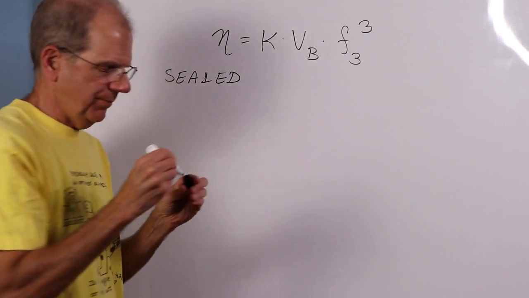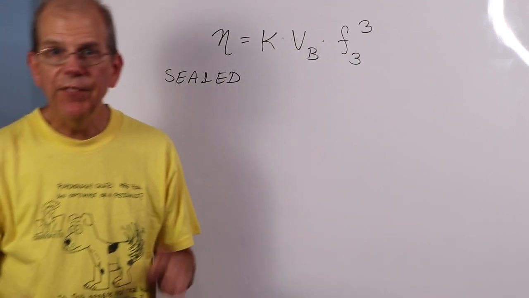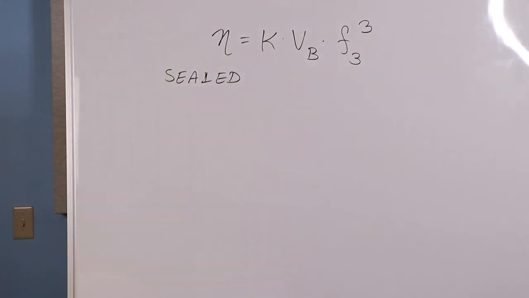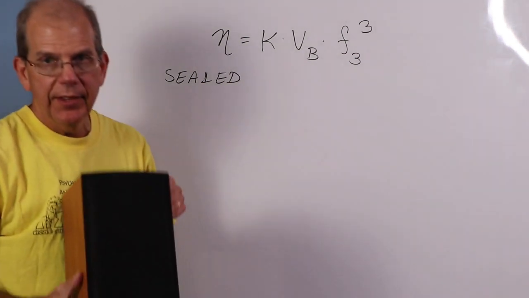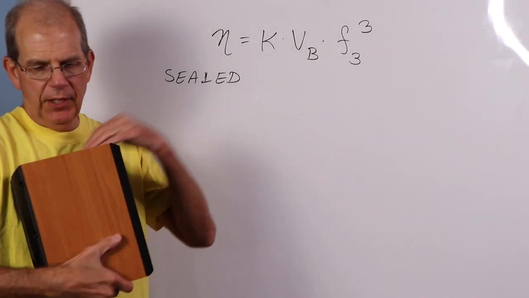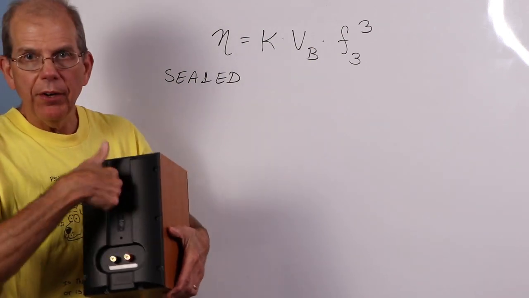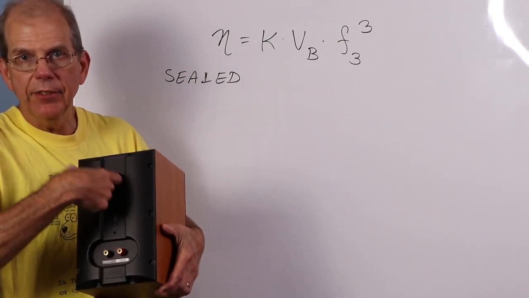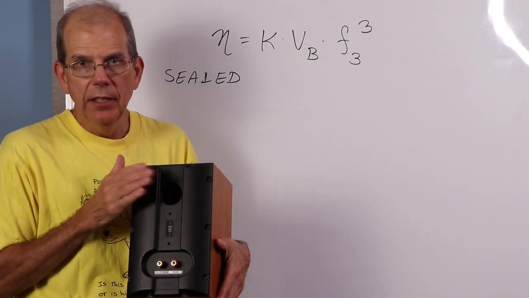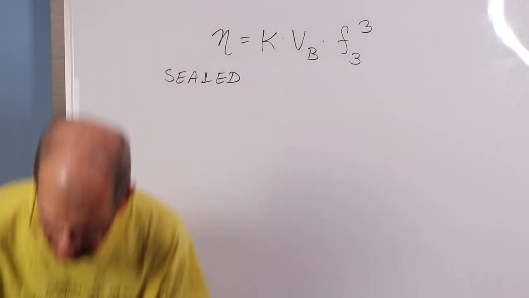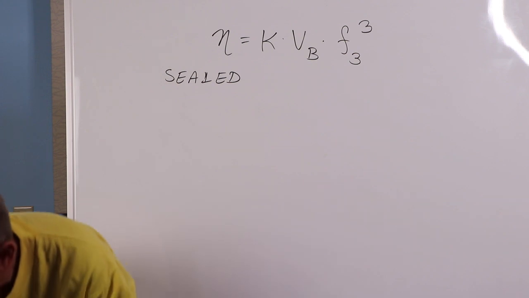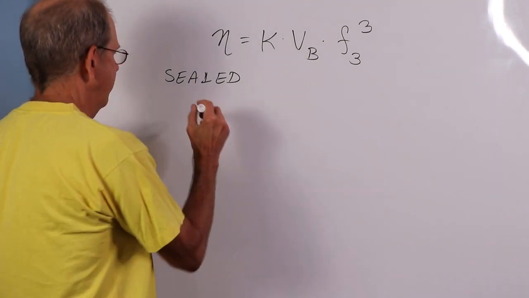Your other option is a vented or ported enclosure, like this one. You put this around the back, and there's a hole here. There's actually a duct on here. It's a ducted port or a vent. So we just call that a vented system.